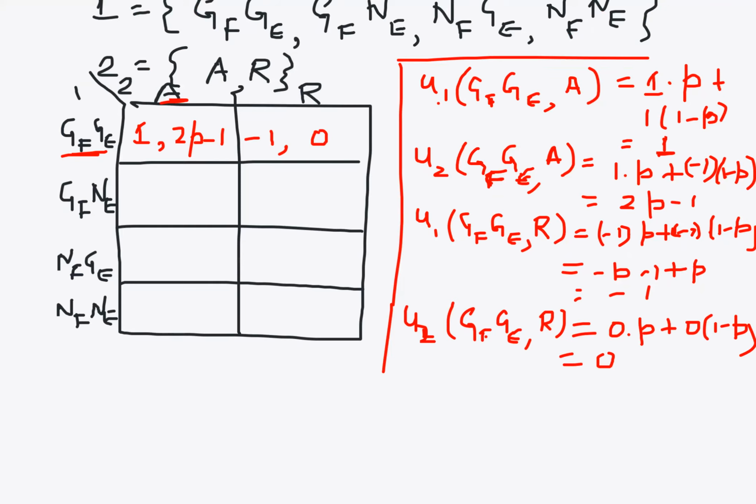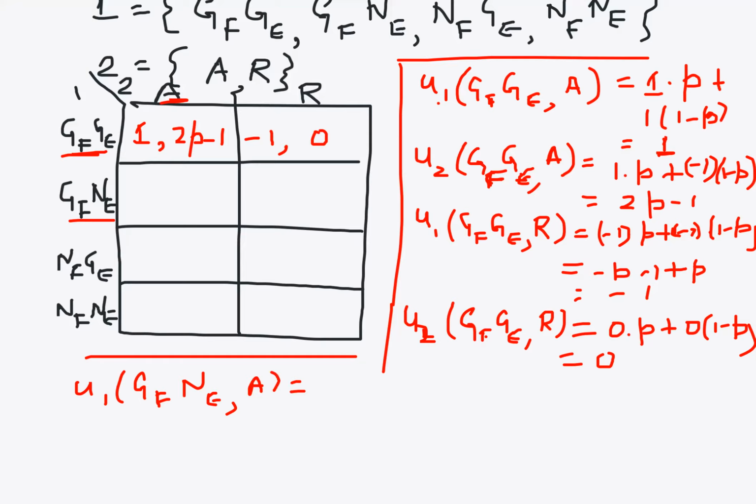All right, so let's do a little bit more. Let's say player 1 gives a gift as a friend and not give gift as an enemy, and player 2 accepts, right? So what would be the payoff in that case? So we can write down here player 1's expected payoff from strategy GF and NE, player 2 accepting it.